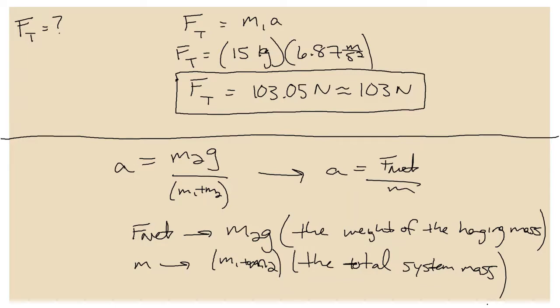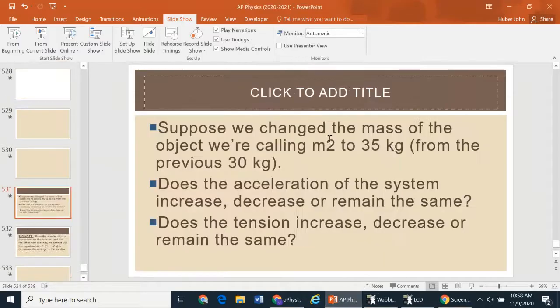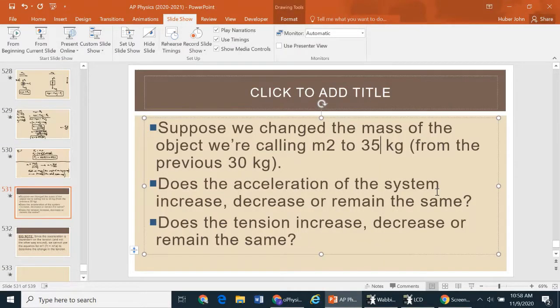So let's take a look at some conceptual questions. Here, this problem says, suppose we changed the mass of the object we're calling M2 to 30, let's say 230 kilograms. This is backwards here. It says 235 kilograms from 30, but it was 35.